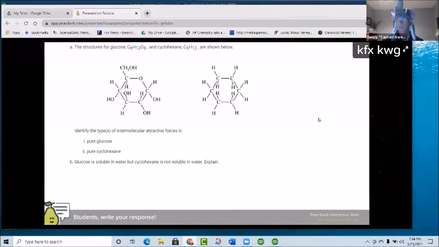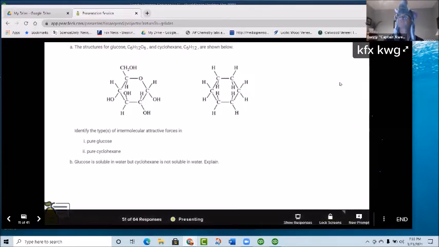So polar things tend to dissolve in other polar things, while cyclohexane only has those London dispersion forces, and nonpolar things don't really dissolve into polar things. So the bar for this one was pretty low. But as long as you're indicating that glucose has strong IMFs like hydrogen bonds with water, whereas cyclohexane only has very weak IMFs with water, that would probably earn you the point.